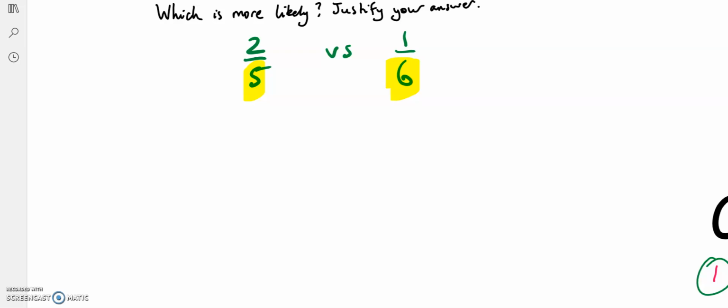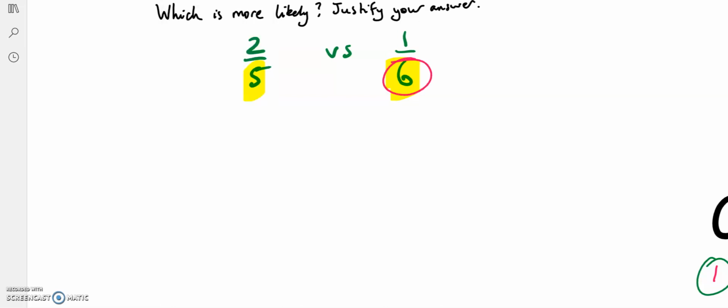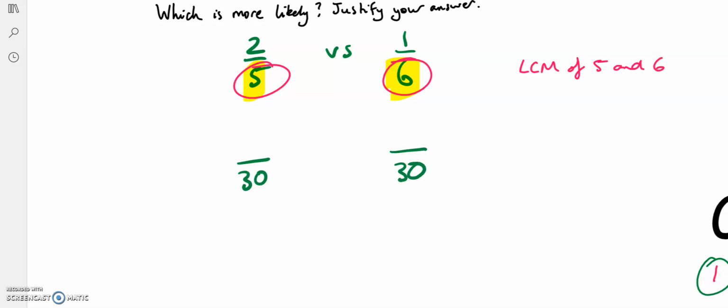If they both had the same name, for example 3/10 and 4/10, we could easily compare them. So we're going to look at our denominators and think, what's the lowest common multiple of 5 and 6? I think we should find the lowest common multiple is 30. So we're going to change these to be out of 30, and then we'll be able to say definitively which one is more likely.